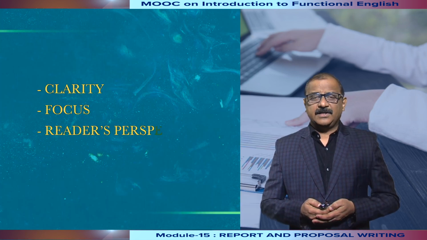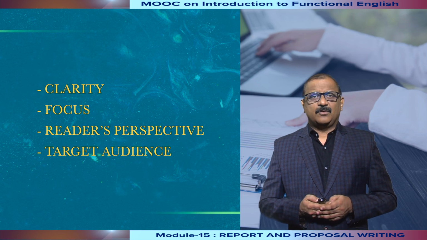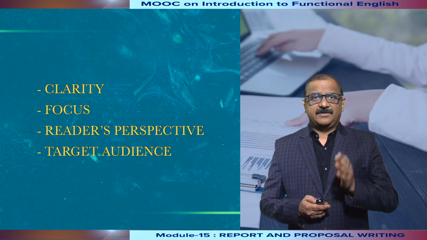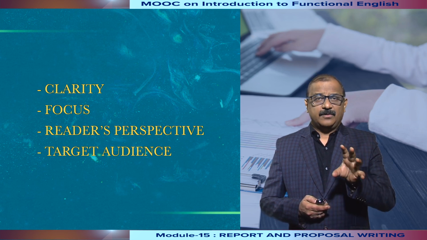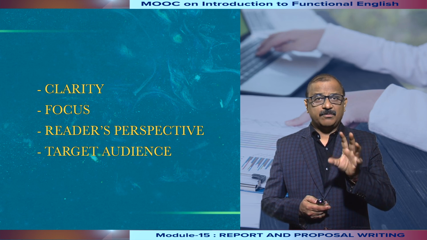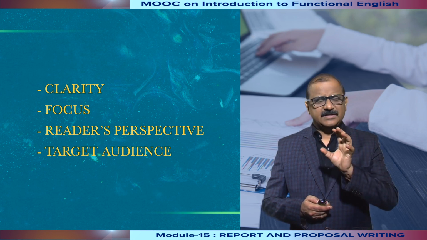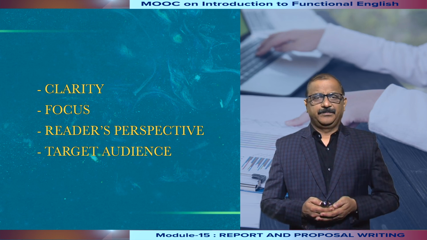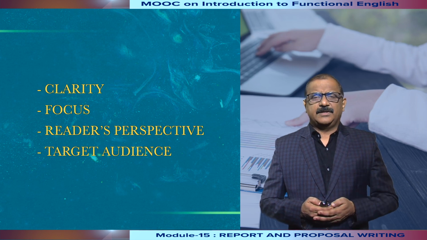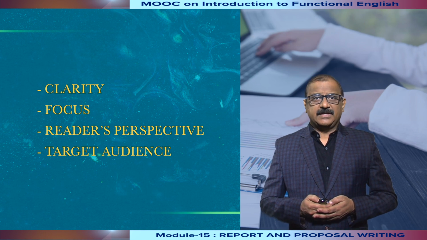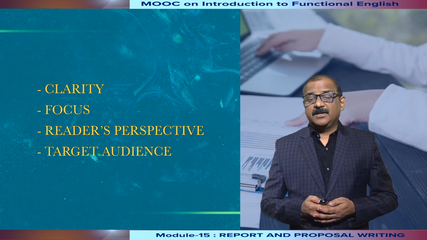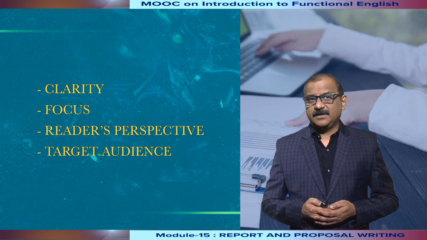So while writing reports, I have already said it, one thing is very important. What? Clarity. What is the report about? The subject, the main topic, the main focus. That's absolutely clear. The second very, very important thing about report writing is, who is the target audience?